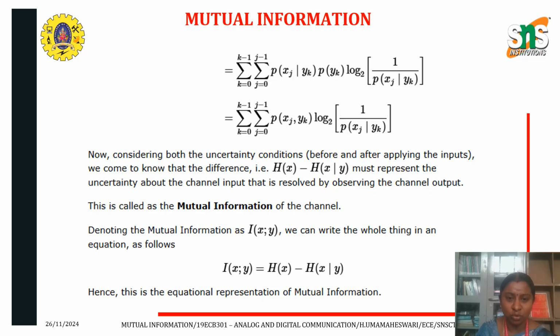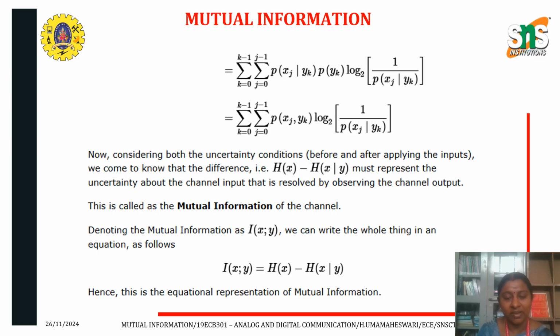Now considering both the uncertainty conditions before and after observing the output, we come to know that the difference, that is H(X) minus H(X|Y), must represent the uncertainty about the channel input that is resolved by observing the channel output. This is called the mutual information of the channel. Denoting the mutual information as I(X;Y), we can write I(X;Y) equal to H(X) minus H(X|Y).